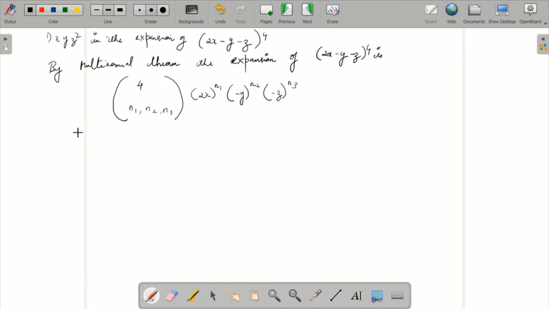Here we are told to find the coefficient of x to the power 1, y to the power 1, and z to the power 2. So can I substitute n1 as 1, n2 as 1, and n3 as 2? Yes, the sum is equal to the n value.